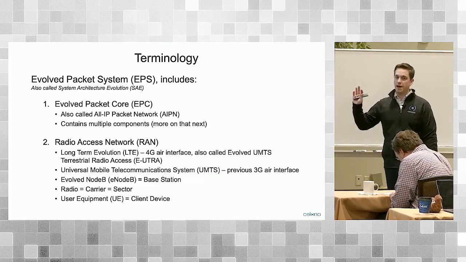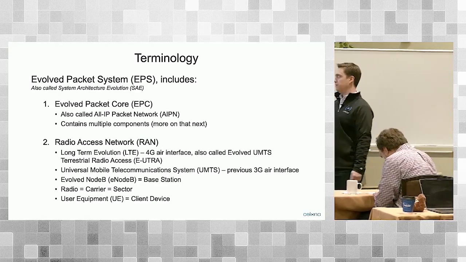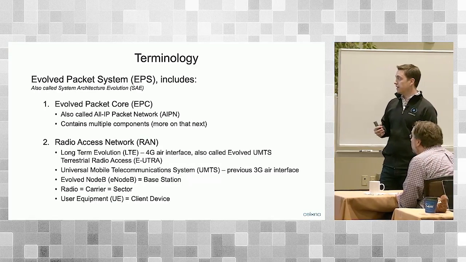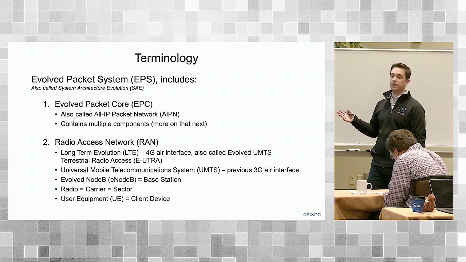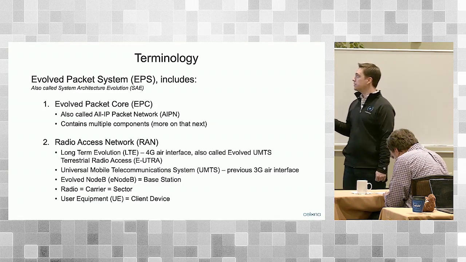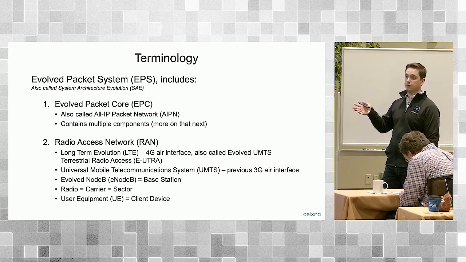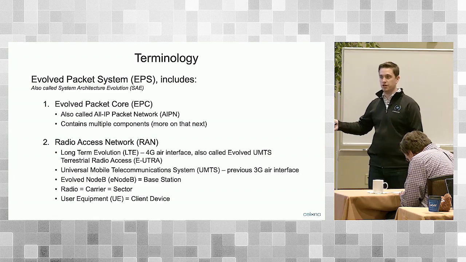And then EUTRA may have an N on the end for network as well. So just know, you've got LTE and you've got EUTRA, they mean the exact same thing. That's the air interface. UMTS, for historical purposes, was the 3G air interface. So when you see Evolved UMTS Terrestrial Radio Access for 4G, it's evolving UMTS, and UMTS was the 3G air interface.